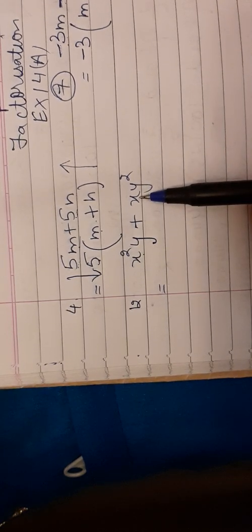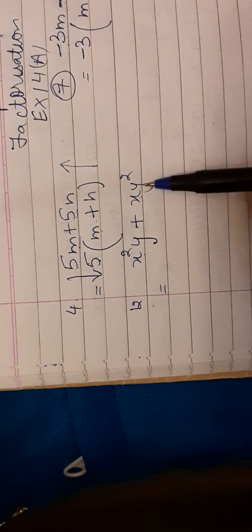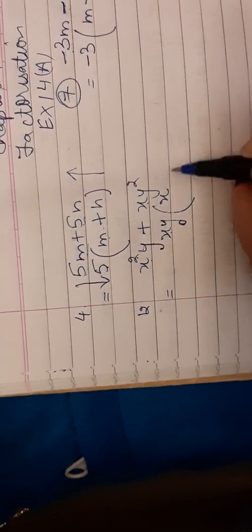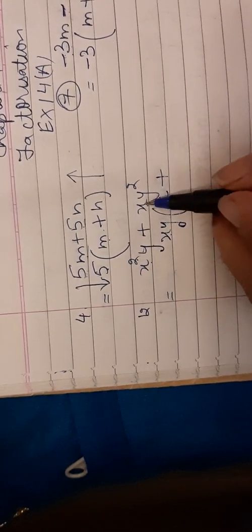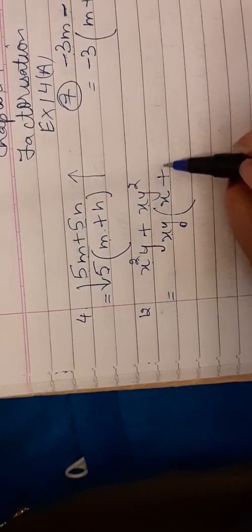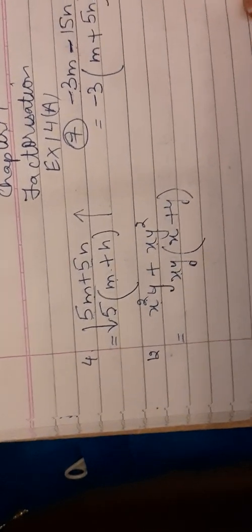Here x is occurring 2 times, but here x is 1, having power 1. So 1x can be taken common, similarly 1y can be taken common, and you will have xy as the highest common factor. As you have taken 1x common, 1 power of x still remains, but y has been taken out. It will become x plus y. xy has been taken, but power of y remains inside. So this completes your 12th question.